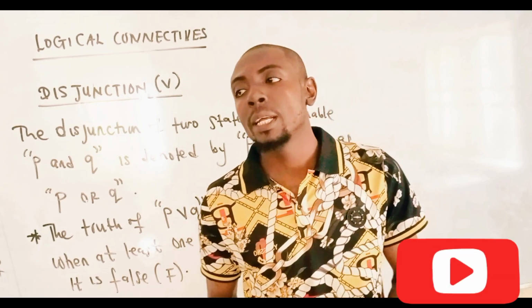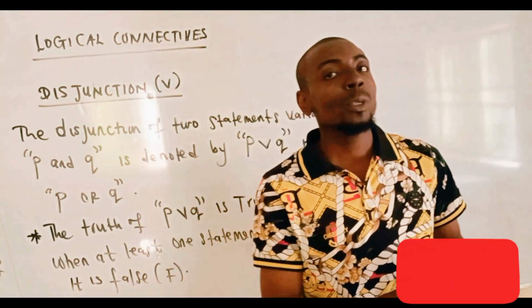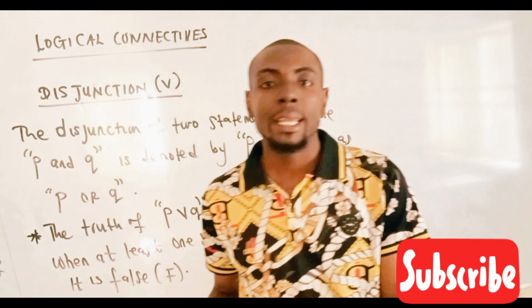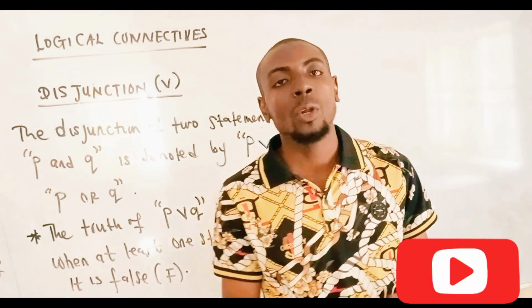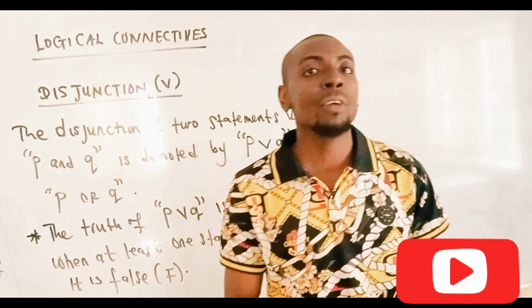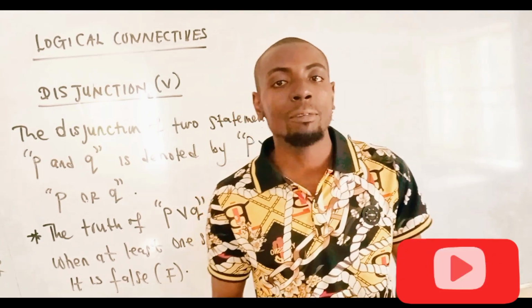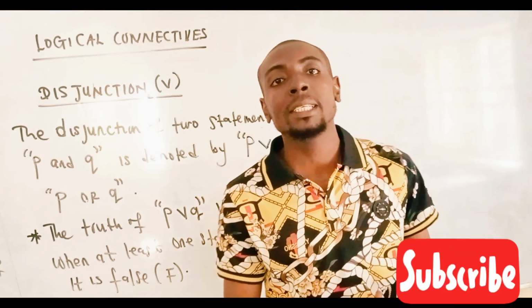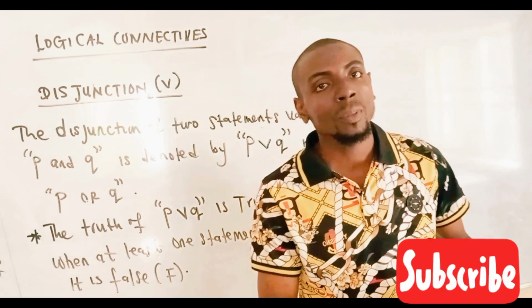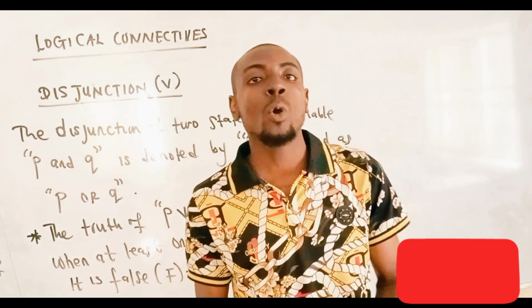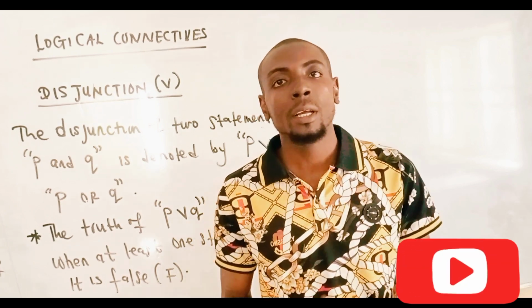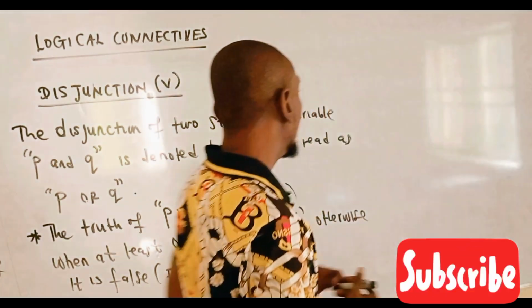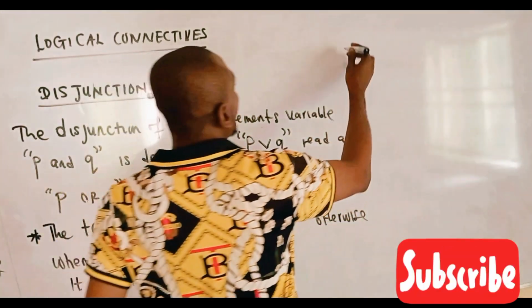So if actually the birds are not singing and the dogs are not barking, then the statement becomes a failure. That's when you have F. But as long as one of these statements is true, the combined statement P or Q has to be true. Okay, let's see the truth table.